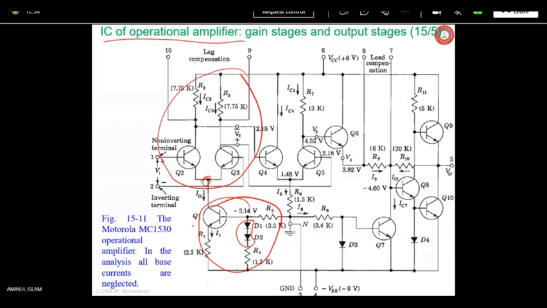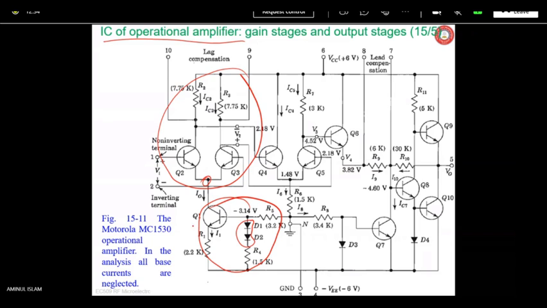If we neglect the loading on Q5, see Q5, at the Q5's output you have the Q6. If that loading effect is ignored, yes, there will be loading effect because it is having some input resistance, and this is another resistance. So obviously this load resistance is going to be affected, but maybe less.